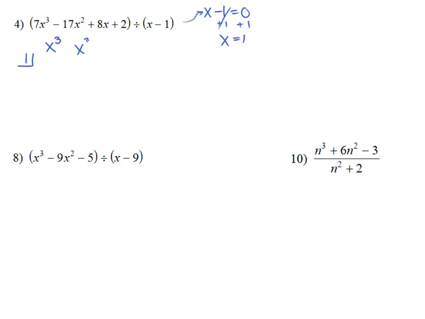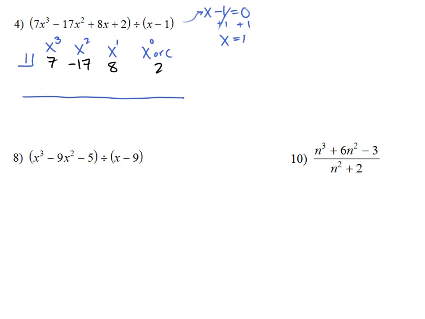And we're going to set up a placeholder for every power all the way down to x to the 0, aka our constant. Okay, and our coefficients here are 7, negative 17. Remember to keep the signs with them here. Positive 8 and positive 2.